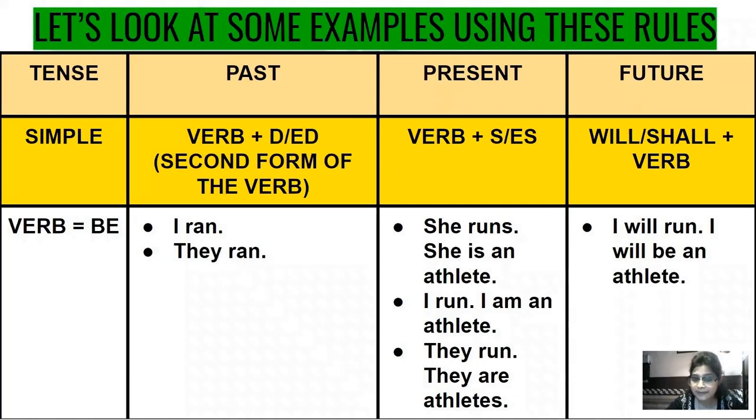We use s at the end of the verb. She is an athlete. She runs. I run. When we are using I, we will not use s or es at the end of the verb. I am an athlete. They run. They are athletes. In future, the rule is will or shall plus verb. I will run. I will be an athlete.